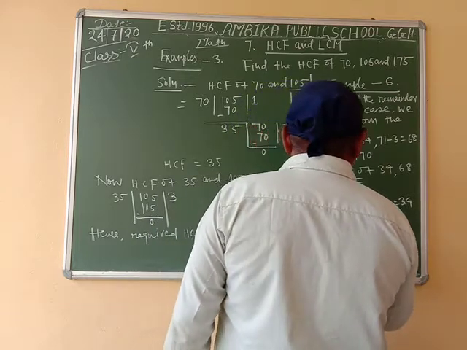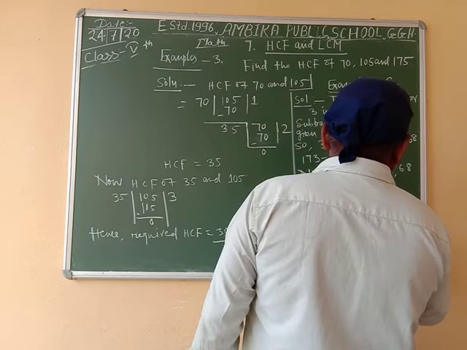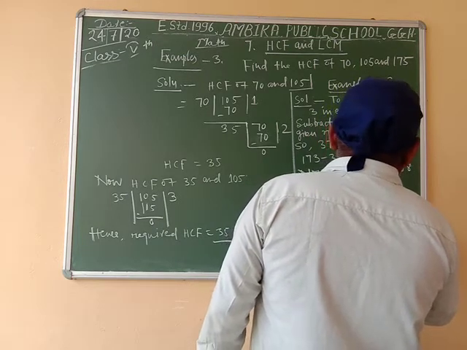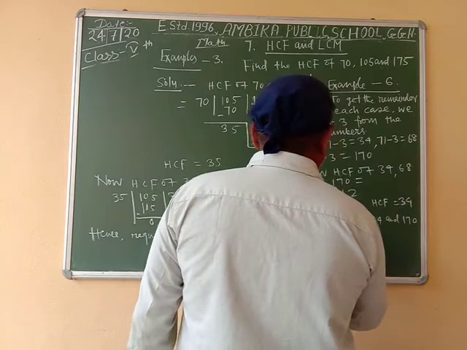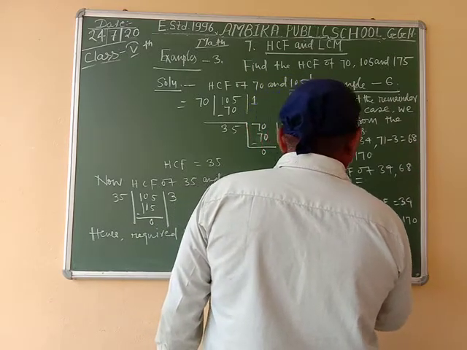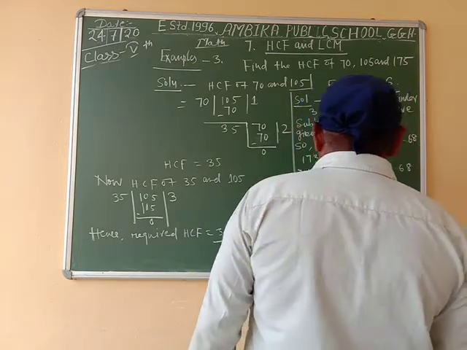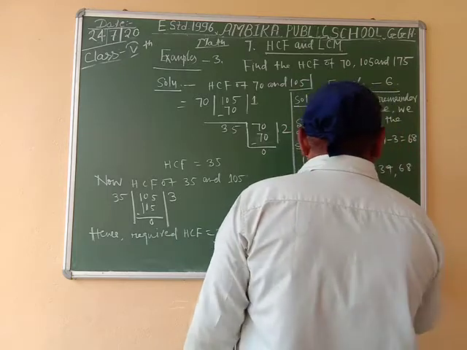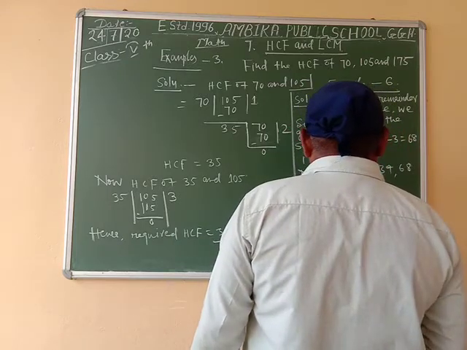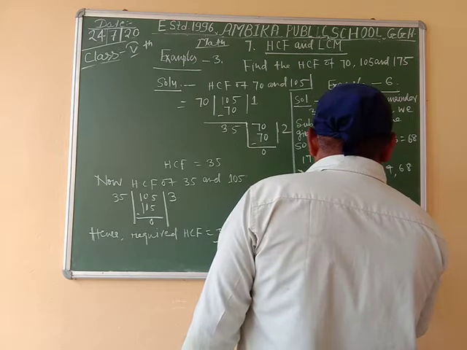If we multiply 34 by 5, we get the product 170.